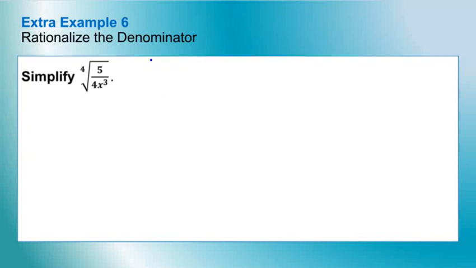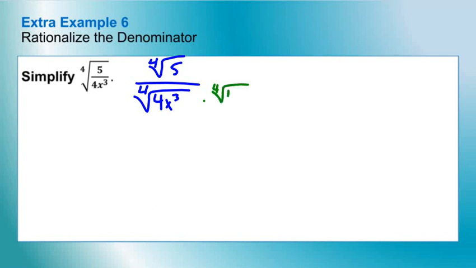Next, fourth root of 5. So the fourth root of 5, I can't break that down any further. And then I have the fourth root of 4x cubed. Now I have to rationalize the denominator, so I need to have 4 groups total down there.